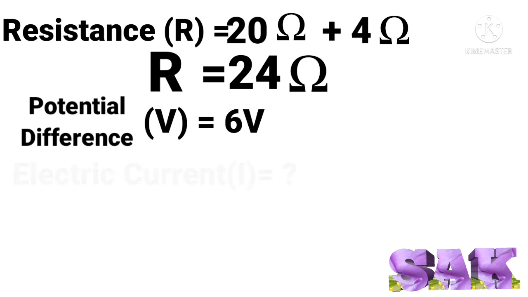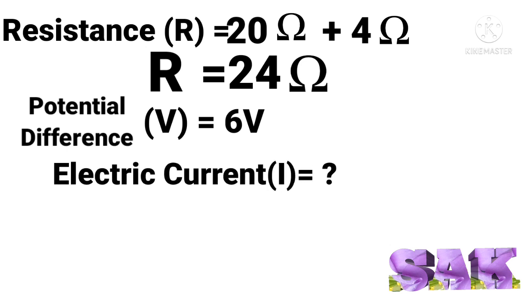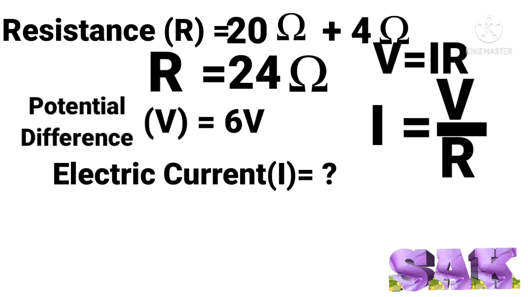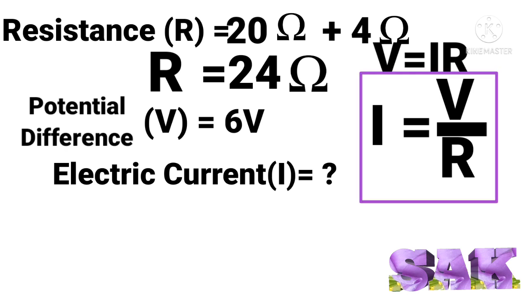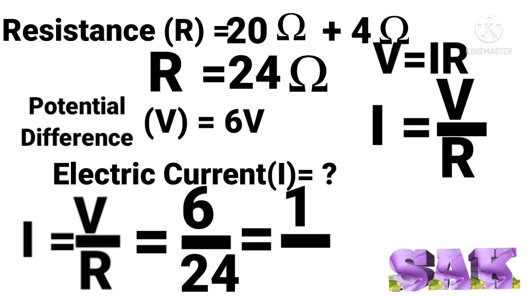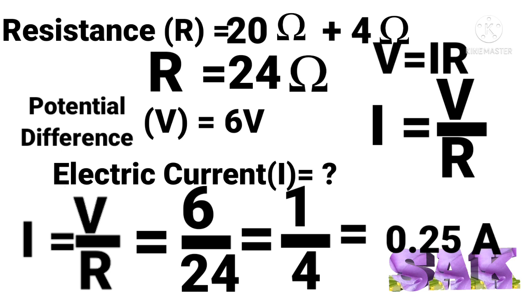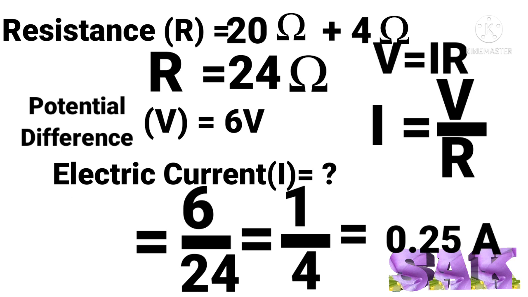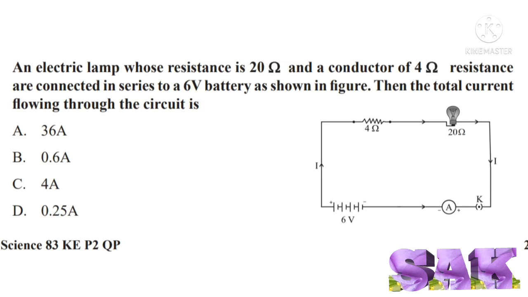Here we have to calculate electric current. Formula we have to use here is I is equal to V by R. When we substitute the values of V and R in the formula, we get the answer 0.25 ampere. So, correct answer for this question is option D, 0.25 A.